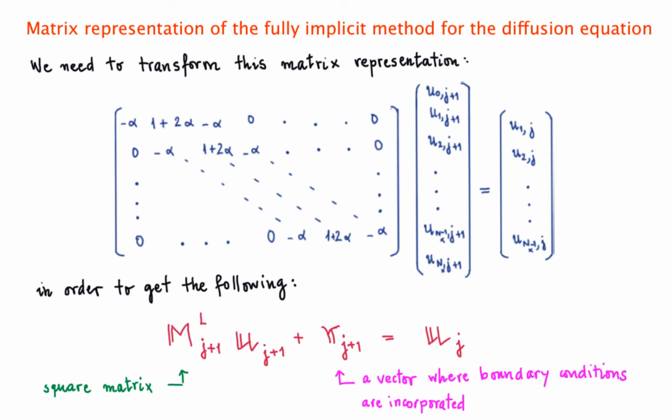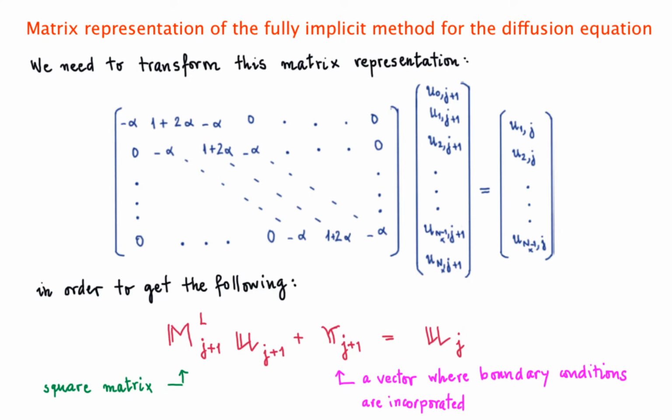So our aim is the following: use the boundary conditions to write the left hand side of the equation, which depends on j plus 1, in this way: some matrix, which is going to be calculated at time j plus 1 and labeled L, for the left hand side, times some u vector calculated at time j plus 1, plus some vector also evaluated at time j plus 1, is equal to the u vector evaluated at j.